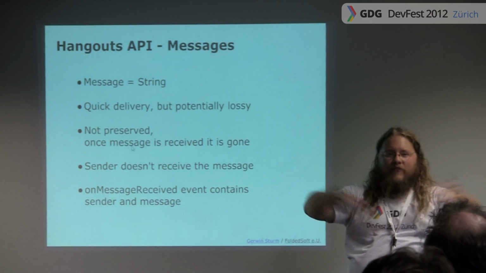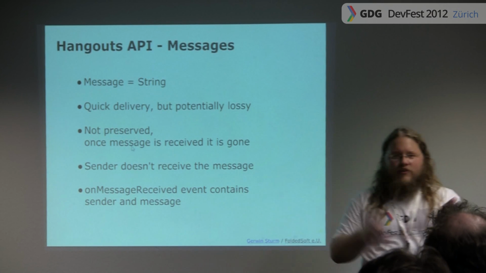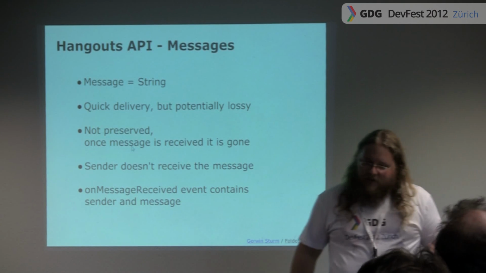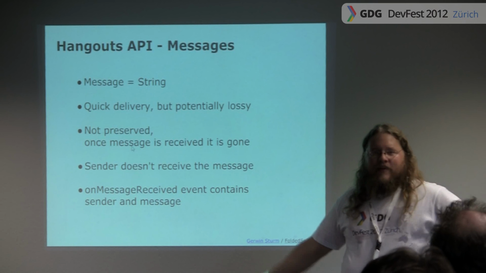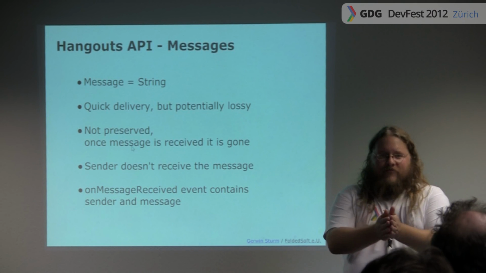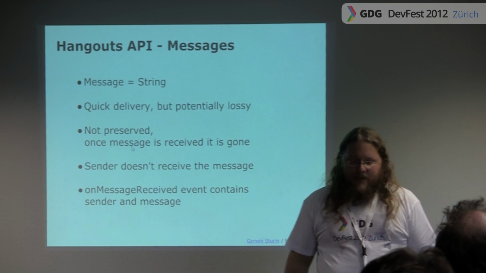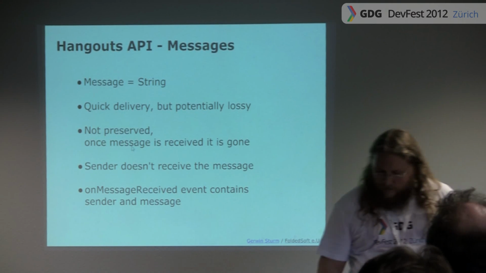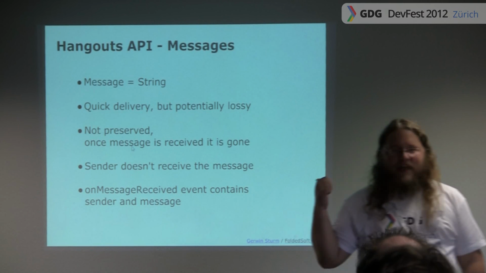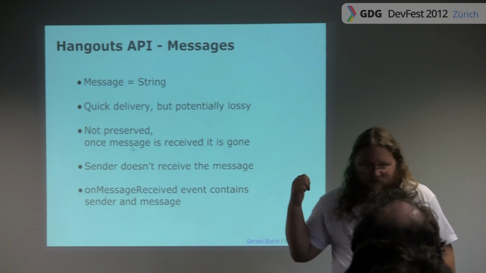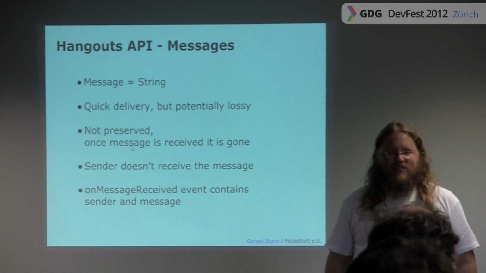You send it out and whoever reads it reads it, who doesn't, doesn't. And you might actually lose messages on the way. So that's a system where, if you want to update the state, you just push it out whenever you can. And you will maybe lose something in between, but then you have the next message coming in a couple of milliseconds again. And I actually can't show this at the moment because I'm the only one in the Hangout. But we can try this tomorrow in the code lab if someone is interested.